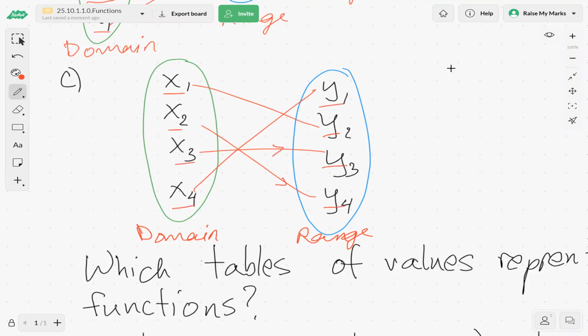Each of the values in the domain maps to a single, distinct value in the range. So yes, this is a function.